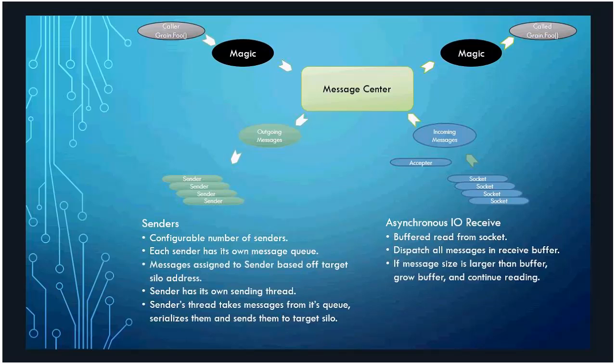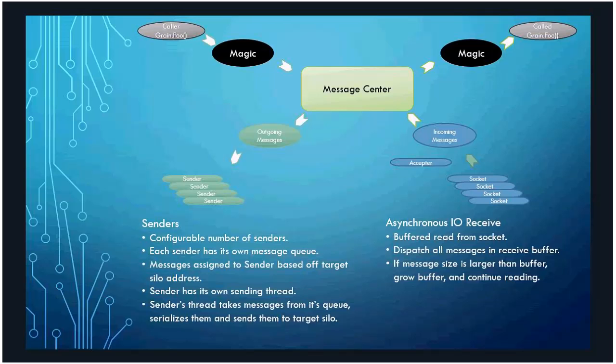On the receive side of things, when a silo receives messages, as most services, it has a listener or acceptor socket that it receives incoming sockets. And once it sets up those sockets from other silos, we set up asynchronous reads through asynchronous I/O. So it's unlike the senders where we have a specific thread writing messages.